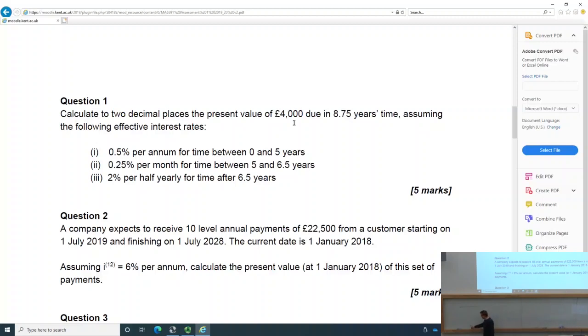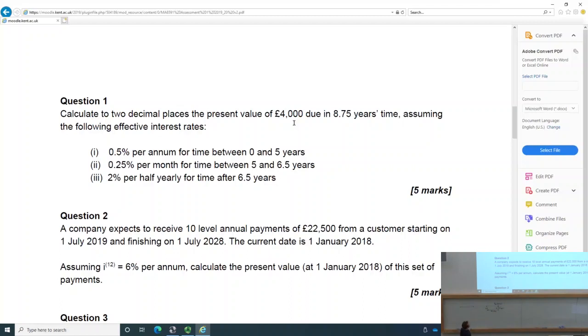Okay, so we've got a payment out here of £4,000. That's at 8.75 years. Then we're told that between 6.5 and 8.75, we've got an interest rate of 2% per half year effective.